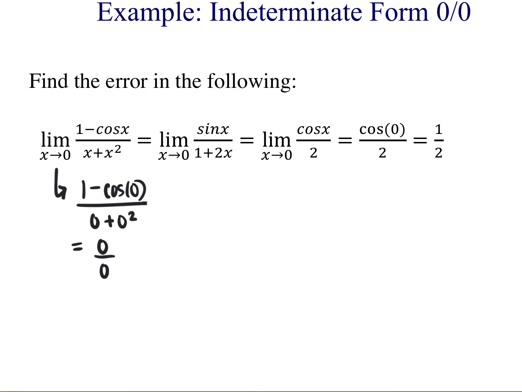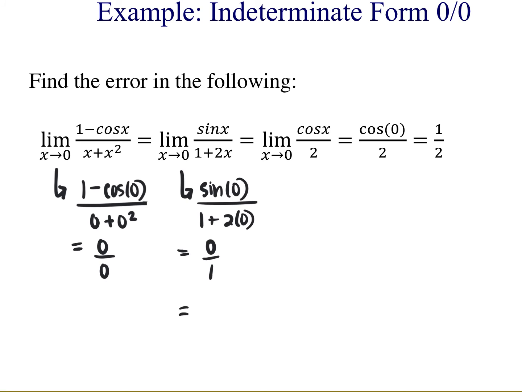Okay, so did they take derivatives correctly? Yeah. Does it look like it? All right, so then we'll check 0 here. Sine of 0 over 1 plus 2 times 0. What do we get there? 0 over 1. It's no longer indeterminate.